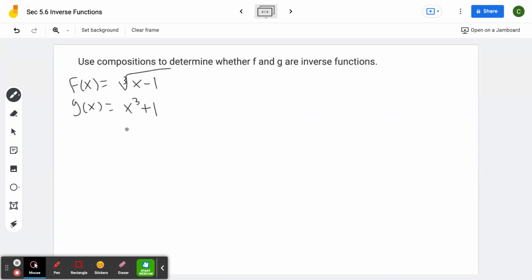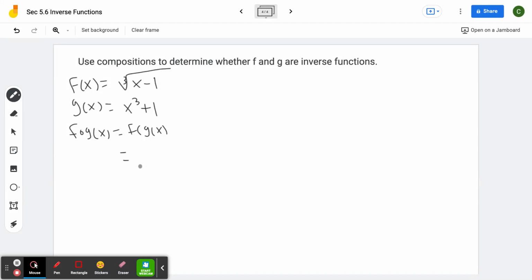I can find my f of g, which is my f function when the g function is plugged into f. Okay, so I'm plugging this g of x function into this x here. So let's go ahead and do that.